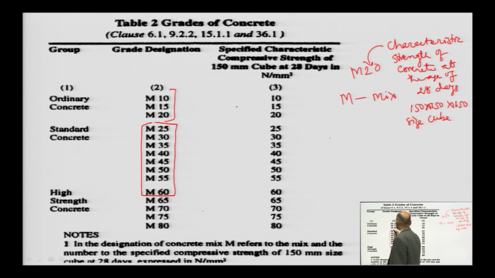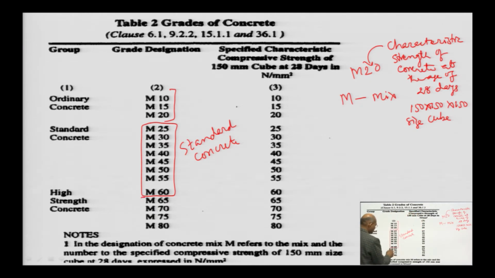So, this comes under standard concrete. And high strength concrete ranges from M80 to M85, M90, M95 and M100.